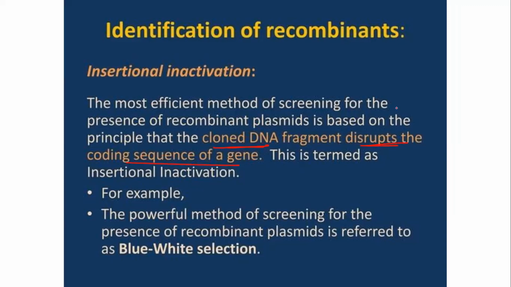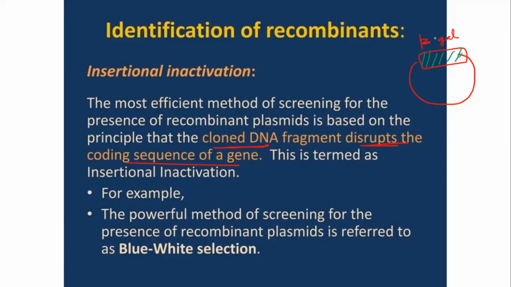So if a plasmid is having a particular DNA fragment, this DNA will disrupt the coding sequence of the gene. That means if there was a beta-gal gene in the plasmid and we inserted a gene of interest, that means the gene of interest is added here.